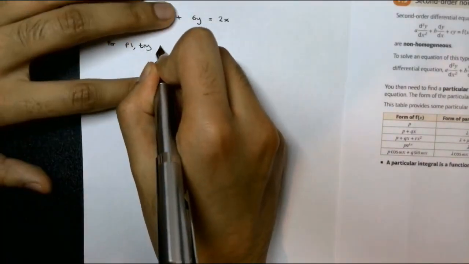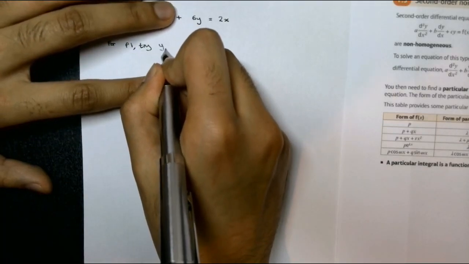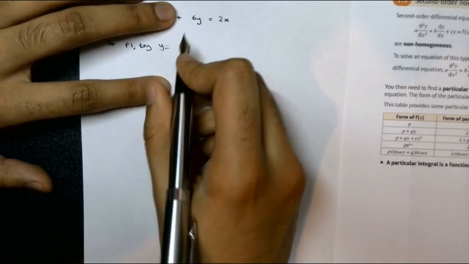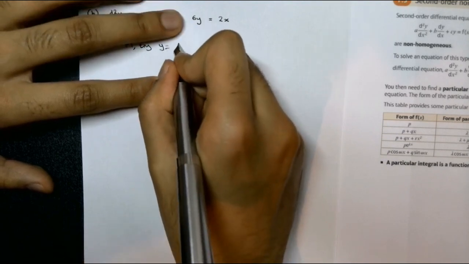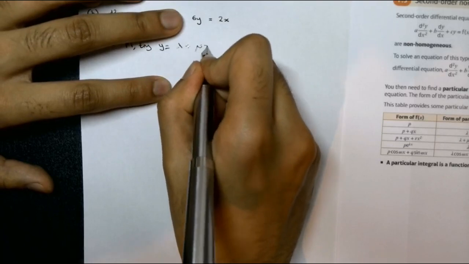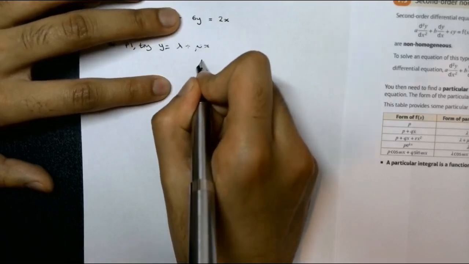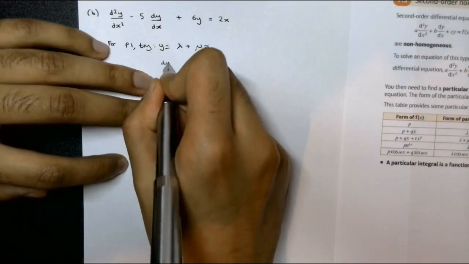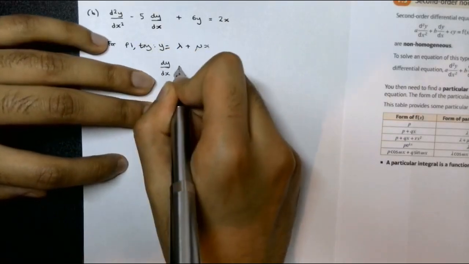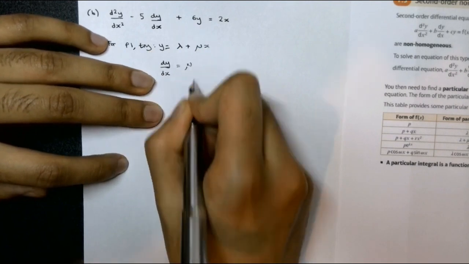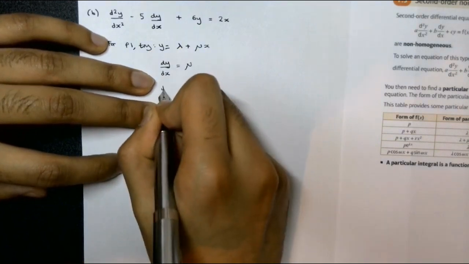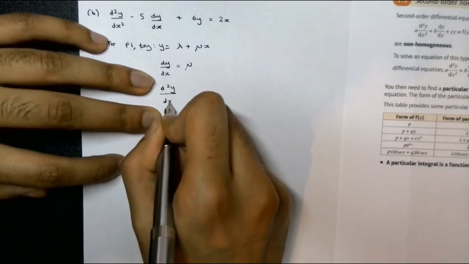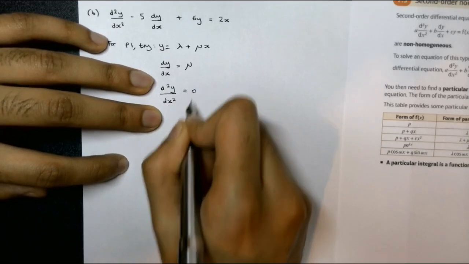So for the particular integral, we will try y equals lambda plus mu x. So now we need to differentiate this twice. So we've got dy over dx equaling mu, and d squared y over dx squared equaling 0.